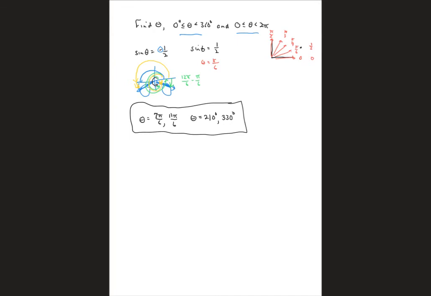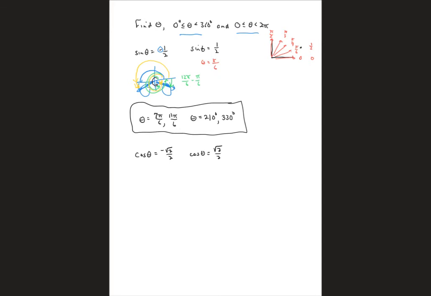Let's try another one. I'm going to make this maybe a little tougher. We'll say cosine of theta is equal to negative square root of 2 over 2. So again, first we're going to ignore the negative part. Let's get our reference angle.